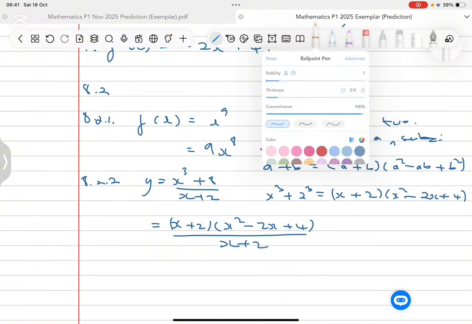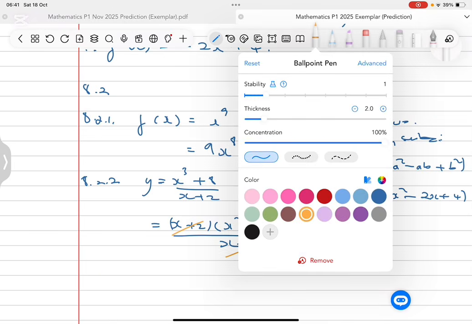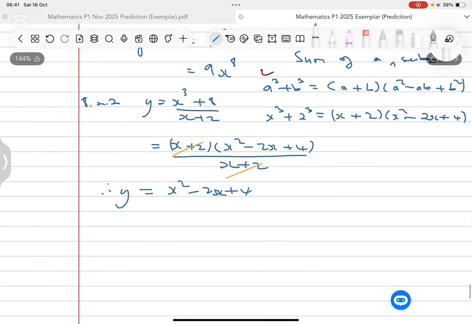Now when you look at this, you can see that the x plus 2 and the x plus 2 would cancel each other, so that now we have our y simplified as x squared minus 2x plus 4. And now we are ready to take our derivative. It's much easier to take the derivative when this function looks like this.